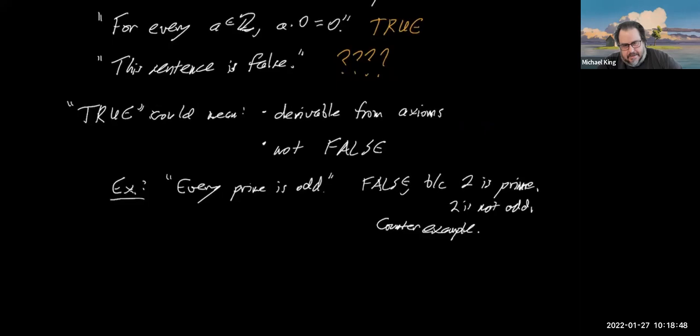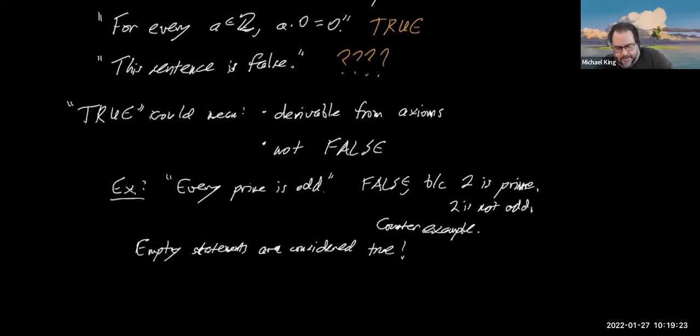Which is a strange thing to say, and I'll give you some examples of this. Empty statements are considered true. And that's a little bit of a strange thing to say.